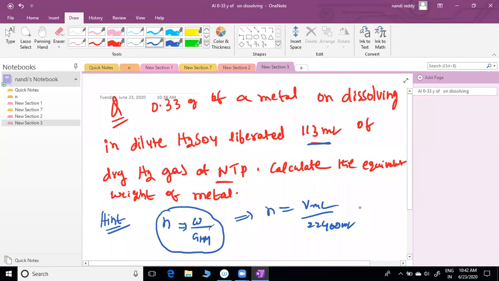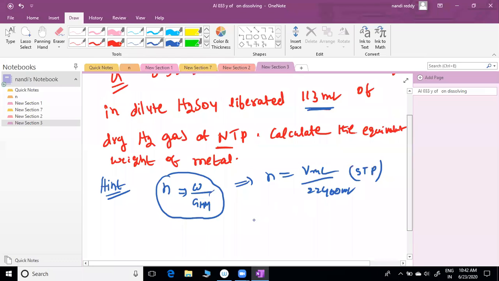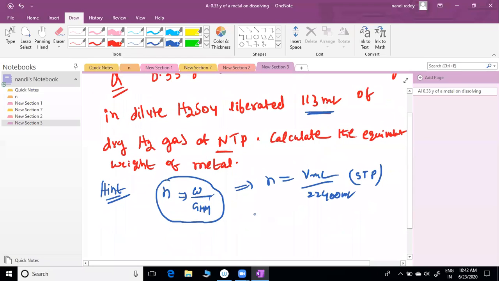Given at NTP or STP conditions. So here V in mL is given. Then calculate the number of moles, sir. So here n equals 113 by 22,400, sir. This is the number of moles.